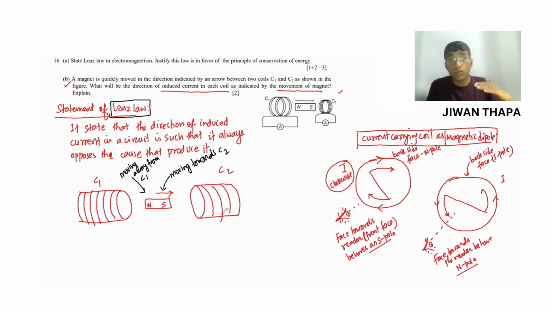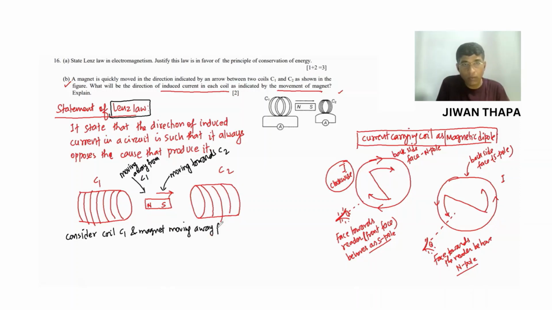We know we are moving the magnet away. Let us consider this case: coil C1 and magnet moving away from C1. Now what we find from Lenz's law, the induced current in C1 is such that it opposes the cause.